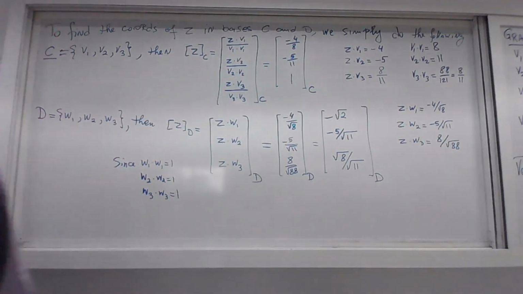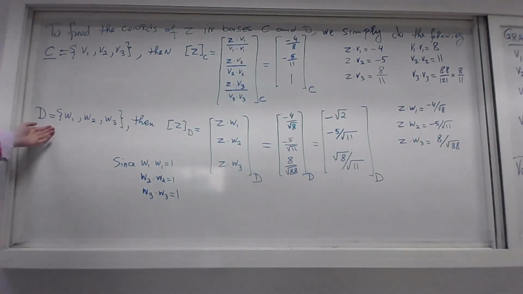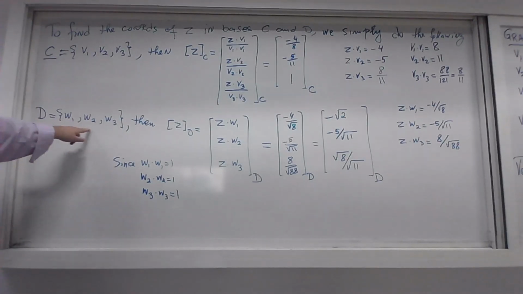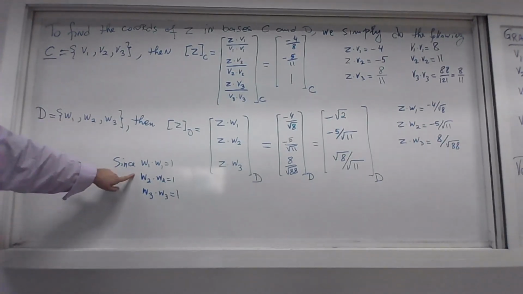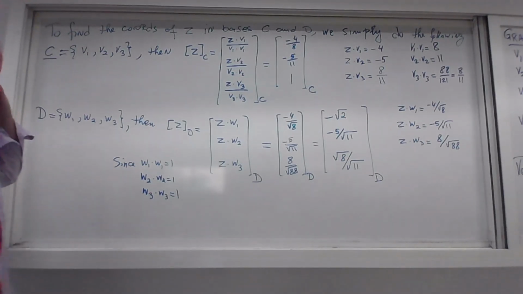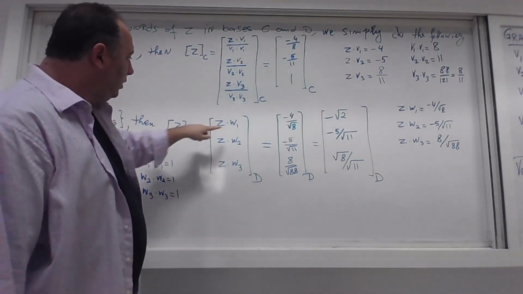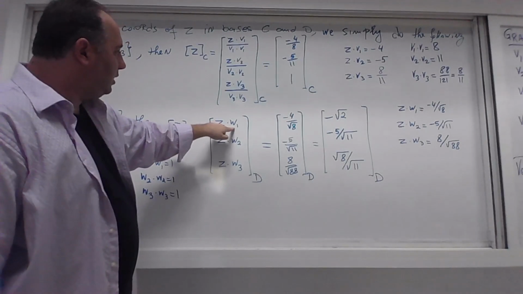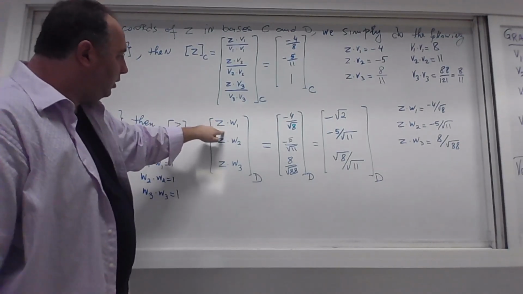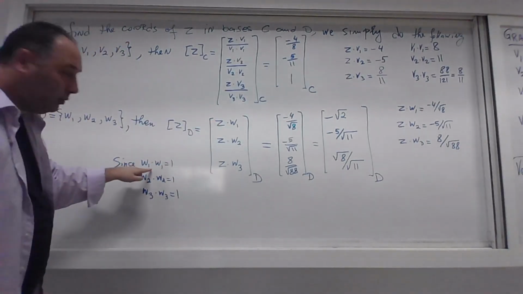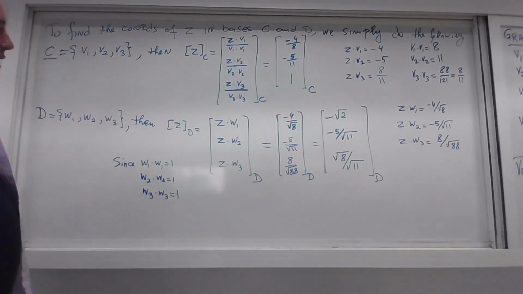A very simple process. If we want to get the coordinates of z in the orthonormal basis D, with vectors W1, W2, W3, those are unit vectors. We just made them, so we know they are unit vectors. So we actually use the same formula, z dot W1 divided by W1 dot W1, but W1 dot W1 is 1, so we don't write it.